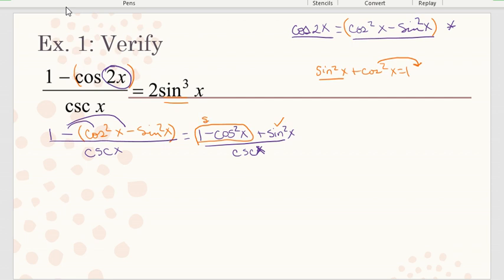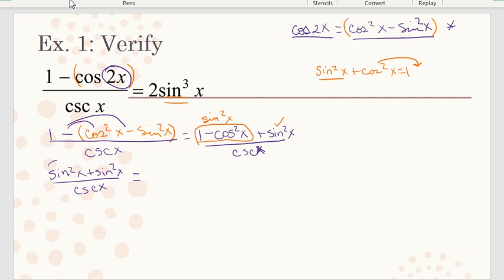So that means this is going to be sine squared x. So my next line, I'm going to have sine squared x plus sine squared x all over cosecant x.